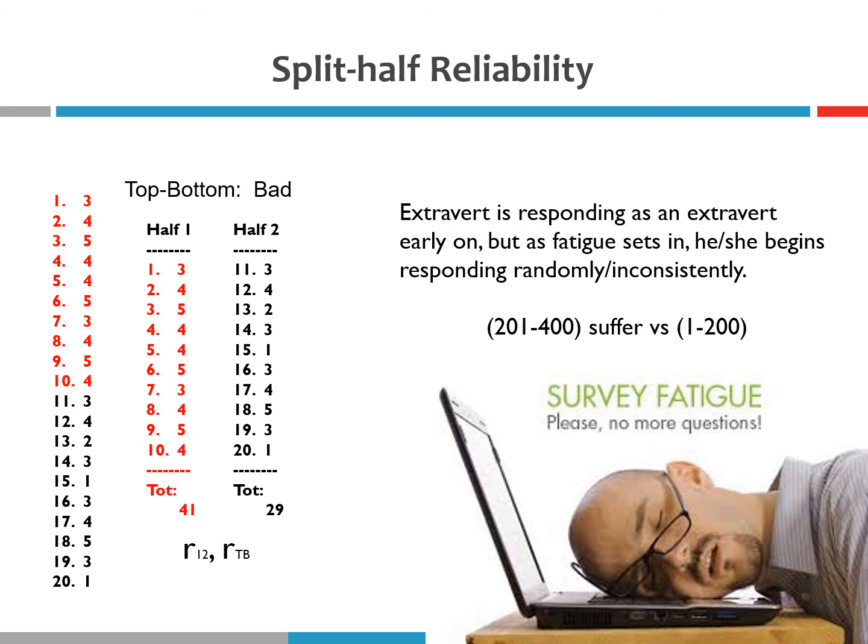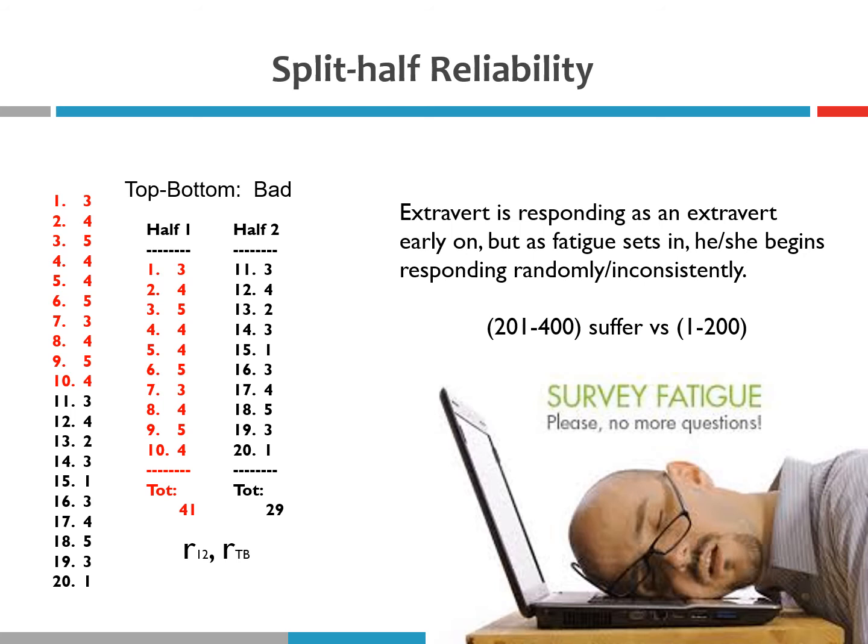So things are getting a lot less consistent. That could mean that you've got some questions on your personality inventory scale that are not good indicators, or that are not consistent with your other questions. But there also could be other things going on, right?